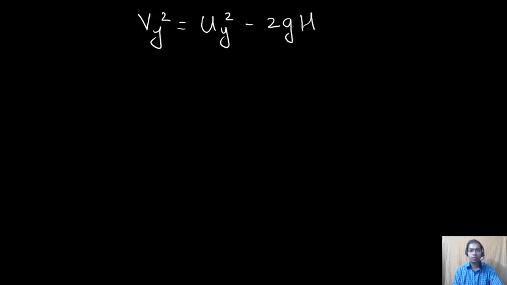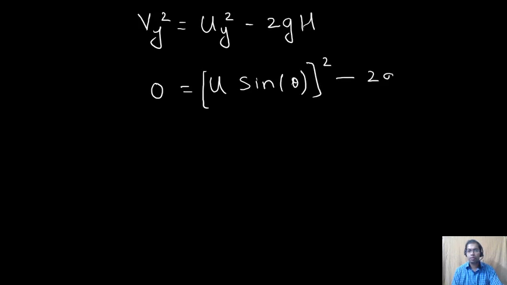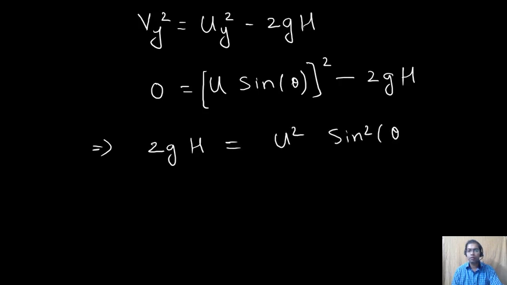So vy square is 0, whereas uy square was u sine of theta the whole square, minus 2g capital H. That would imply 2gH is equal to u square sine square of theta, or H is equal to u square by 2g of sine square theta.